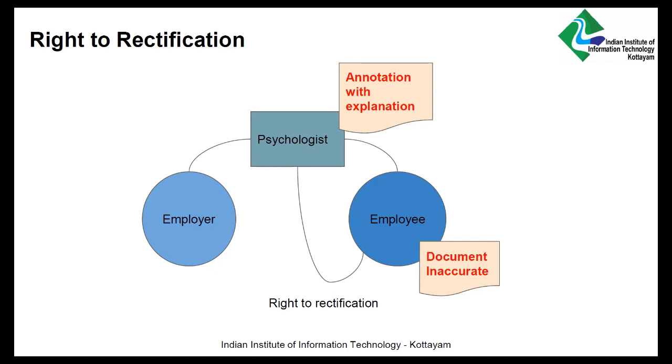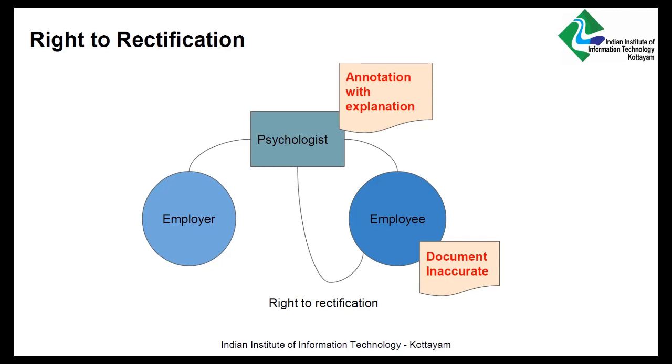So he will consult a psychologist, right? To get to know whether the employee is fit for employment, or maybe he took a long leave, so to know whether he is apt for the job. Once the employer asks the psychologist to evaluate the employee, the psychologist will prepare a note and provide it to the employer.